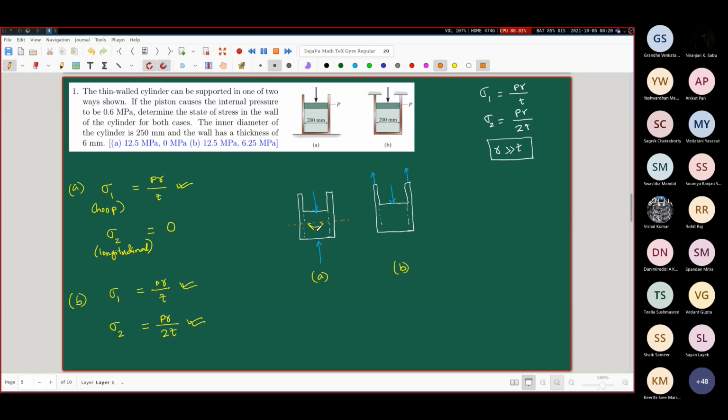Suppose we cut this body like in the case that we were deriving our formula, then the picture will look like this. So we take this cut, this orange cut, and we consider the free body diagram of the lower part. Then this force is still present from the ground below. What is this going to be balanced by?